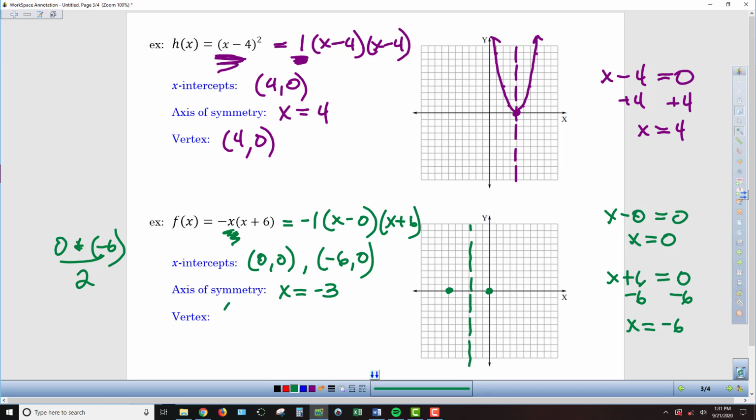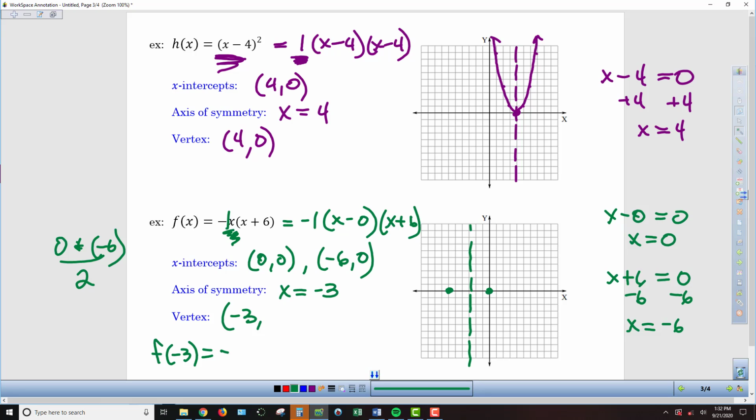And then once again, that doubles as the x-coordinate of my vertex. So now I just need to plug -3 in for x, and then figure out what the y-coordinate is. So I'm going to do f of -3. Here I have to be a little bit careful with my positive and negative signs. I'm going to think of this as -1 times x times x plus 6.